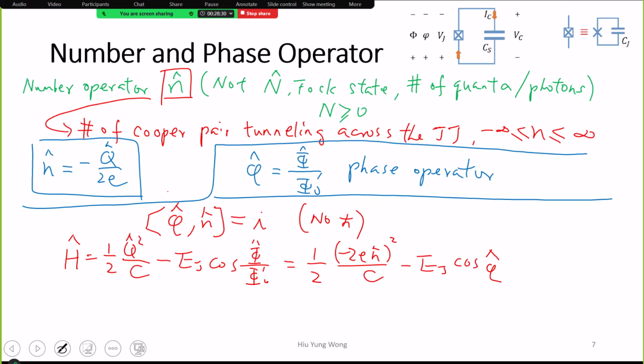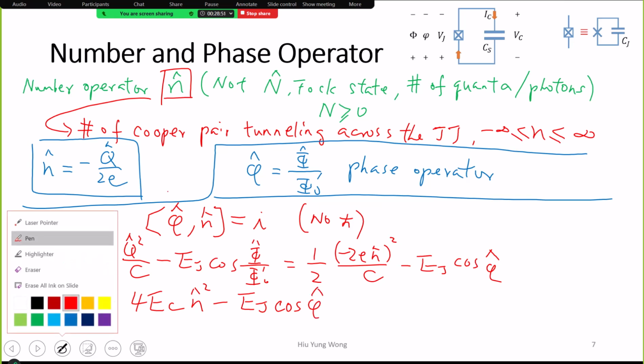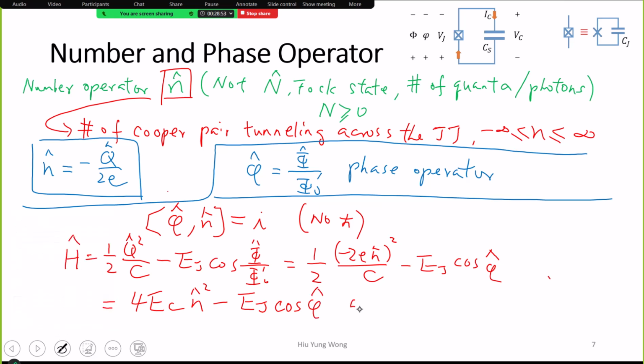Then I further simplify this to 4EC n hat squared minus EJ cosine phi hat, where EC equals e squared divided by 2C.